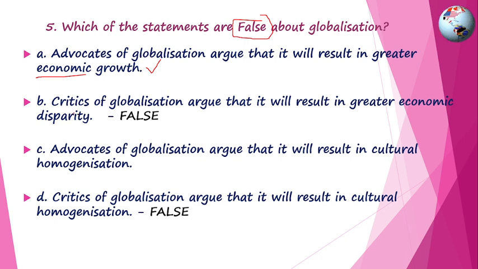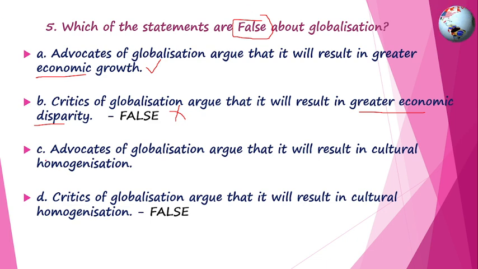So statement B is, critics of globalization argue that it will result in greater economic disparity. Yes, this is a false statement, because critics do not argue only for greater economy, but for economic disparity. So as per this question, this is a correct answer.